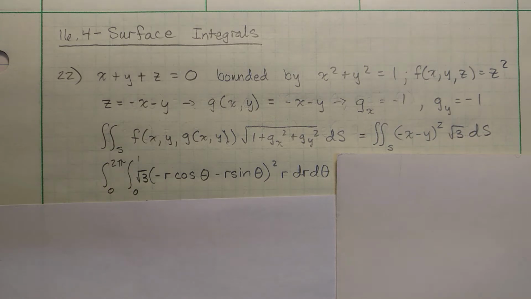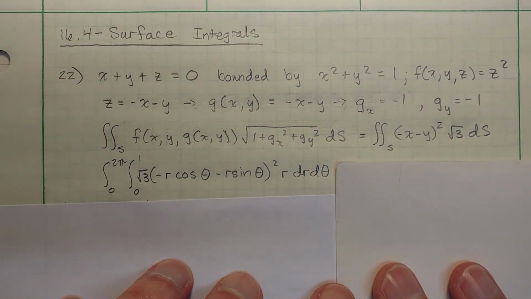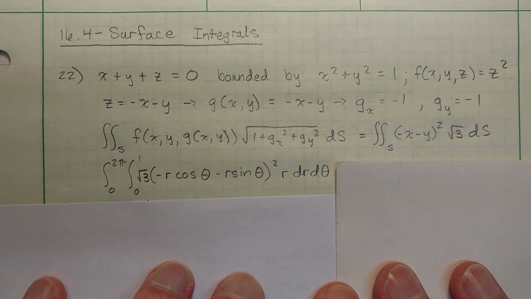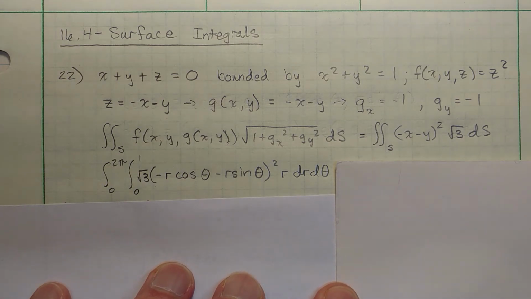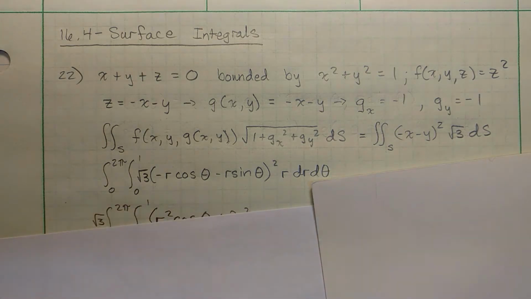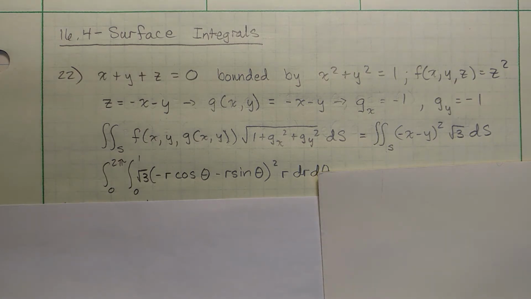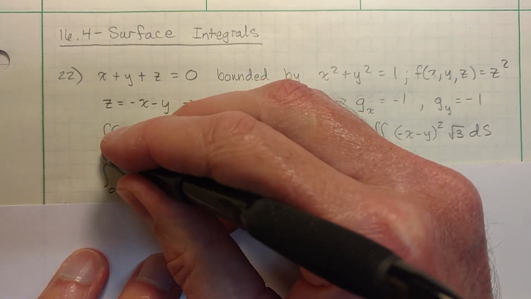Now actually, I think I have something a little bit wrong here. Let me double check. I think I've got something wrong in my formula. A misapplication here I've written down. Yes, this is no longer dS.